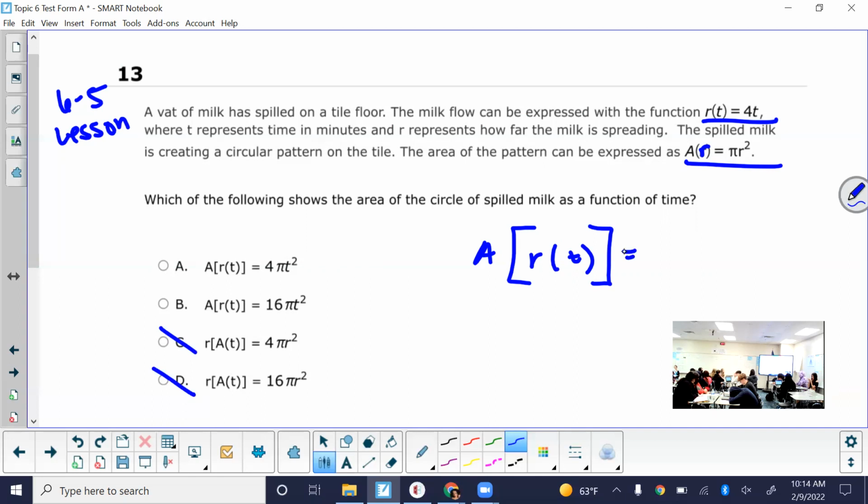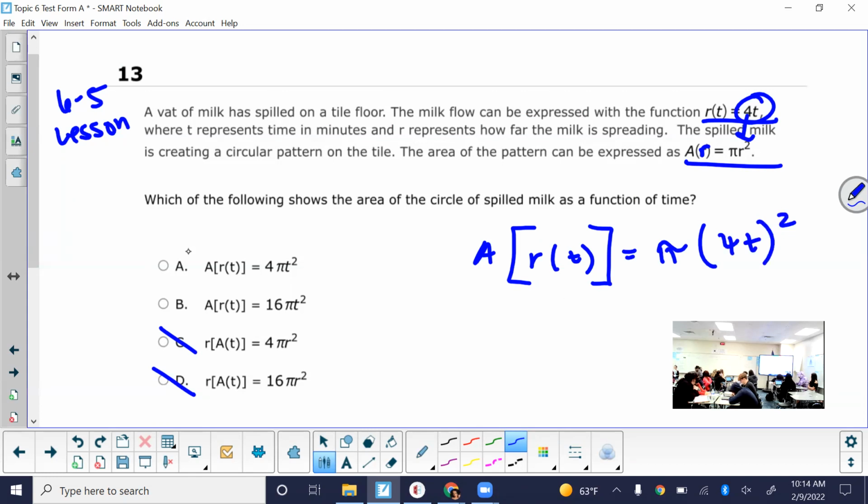Now I can see why the next part is confusing. But what you're supposed to do is take what the function R equals, which is 4t, and plug it into R in the other function. So then when you plug it in, it looks like this, pi parentheses 4t close parentheses squared.